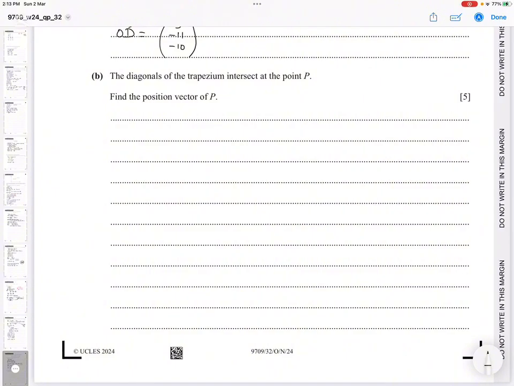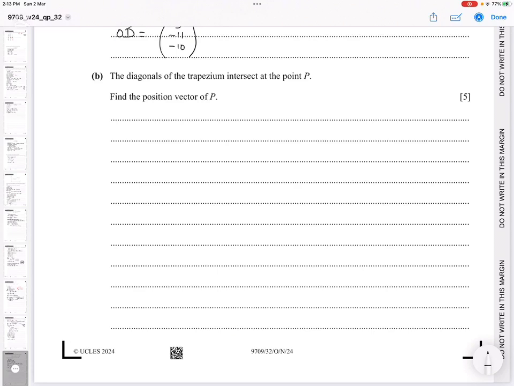B part is the diagonals of trapezium intersect at point P. Find the position vector of P. So he told us DC equals 3 times AB.